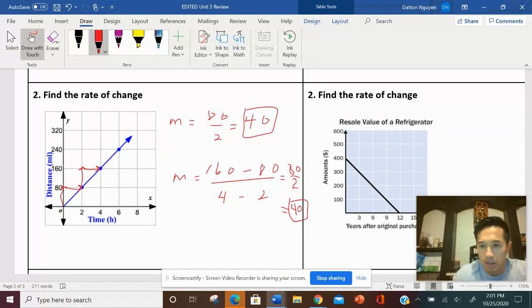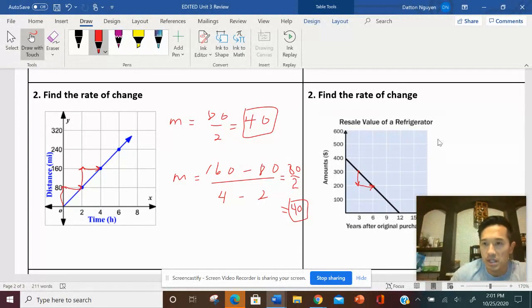So over here, if I go from point 1 and then go down, see how I'm going down? So that means now I'm subtracting. And I go over to the right, then I'm going to have a negative slope. So it'll be 200 minus 300 divided by 3 minus 6, okay? Actually 6 minus 3, okay? So that's what it would look like.